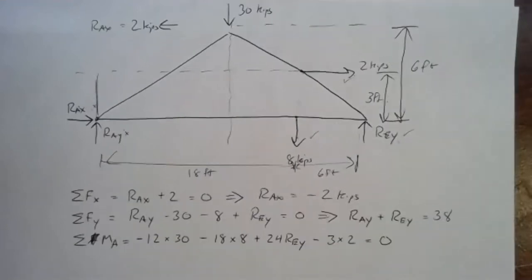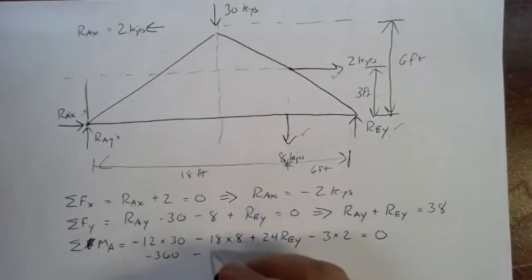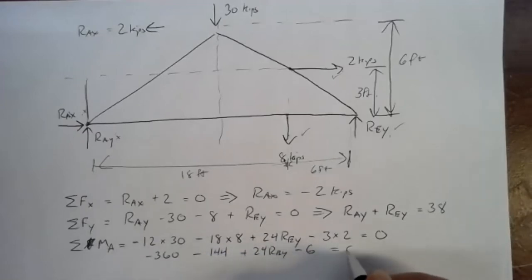Well, that we can simplify down a little bit. We have negative 360. We have negative 144 plus 24 REY minus 6. So that gives us a total of 24 REY minus 510 equals 0.